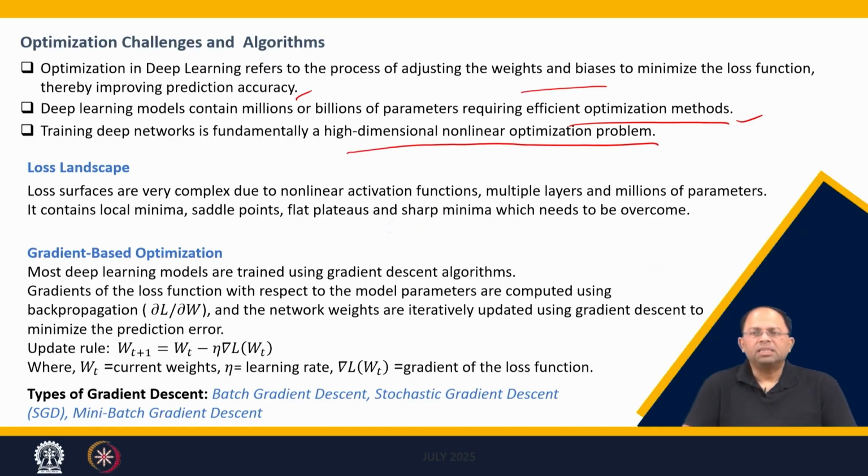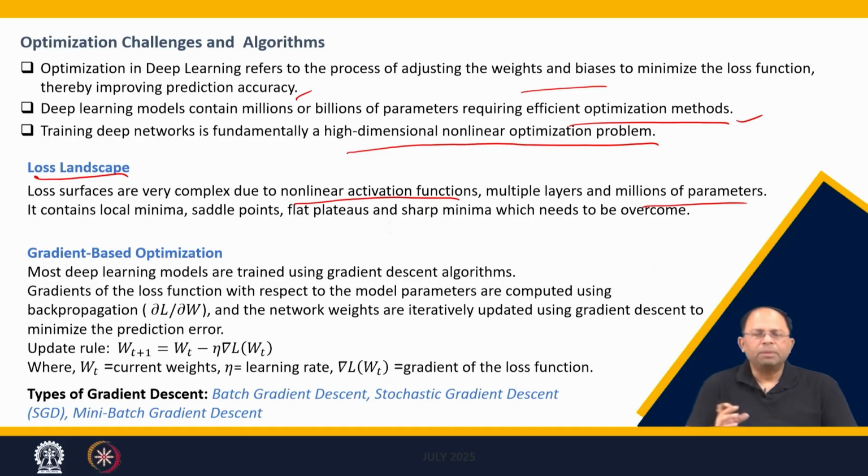So we need to understand how the loss changes, or what the loss landscape is, right? Loss surfaces are very complex because there are so many layers, nonlinear activation functions, millions of parameters. It's not like in one direction, if I change the parameters, everything changes.